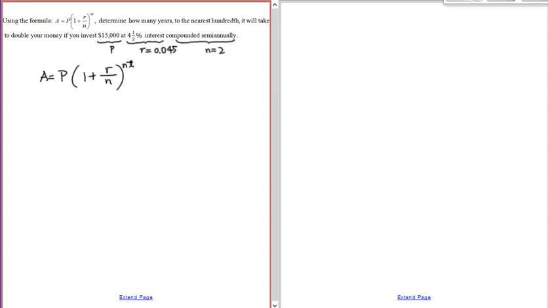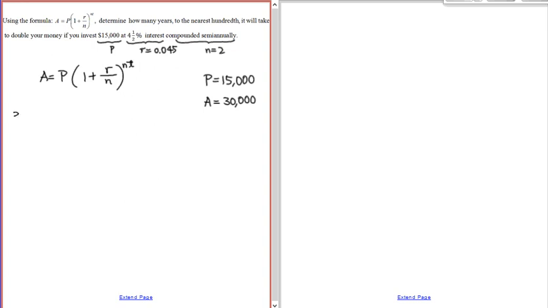What about the A? If the initial investment is 15,000, and when we double the return, the A will become 15,000 times 2. That gives you 30,000.